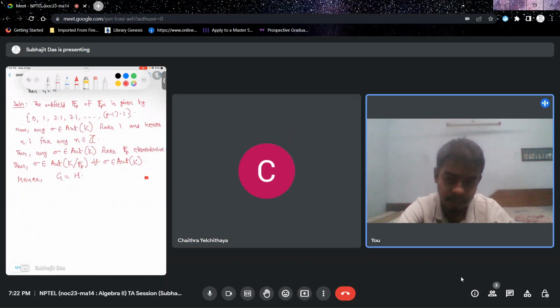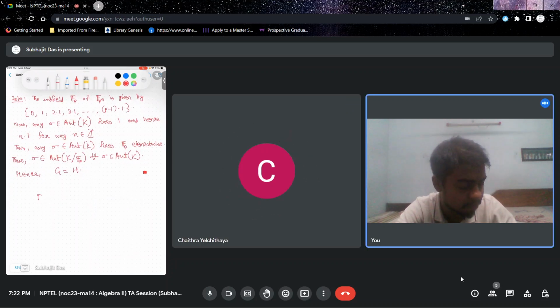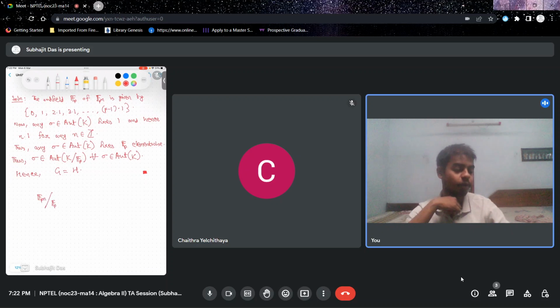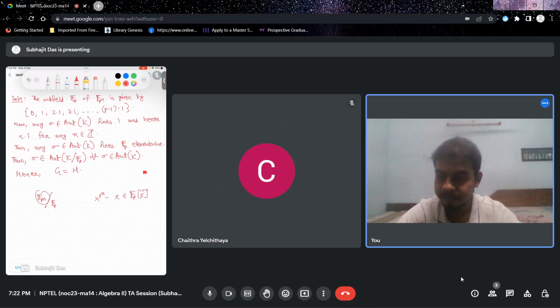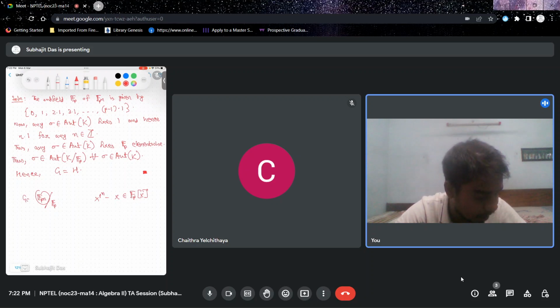Yes, that's true, if that is what F_p^n is. So you understand that this polynomial x^(p^n) minus x is an element in F_p[x], right? And this has splitting field F_p^n. My question is, what is the Galois group of this extension?